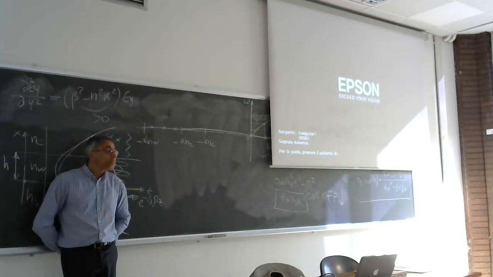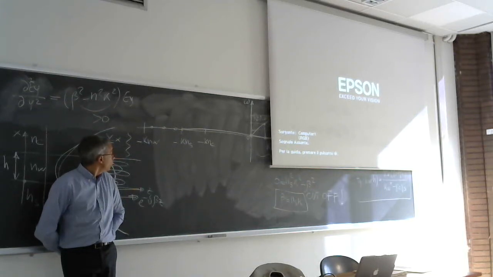But for example, we have that lambda is 1.5 micron. But to have that frequency, with lambda at 1.5, we need to have a material with a certain n, right?